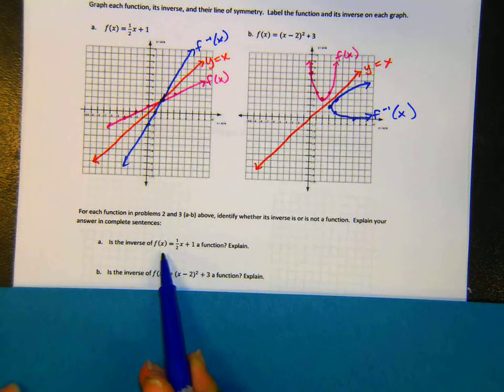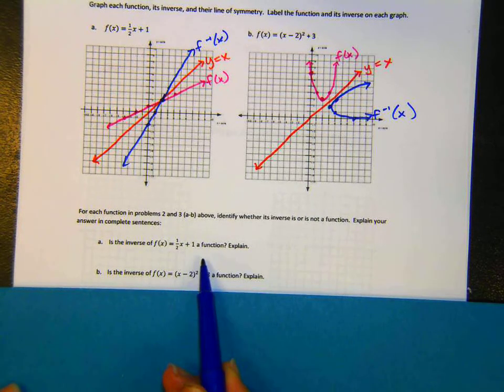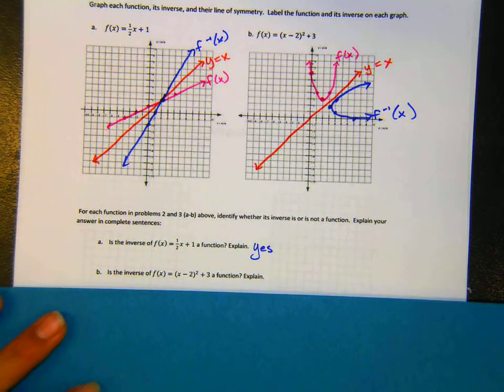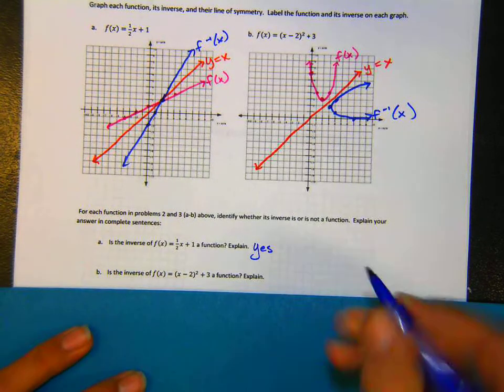It says, is the inverse of the linear function a function? So we talked about this in class, and the answer was yes, because it passes the vertical line test still. Every x value corresponds to exactly one y value.